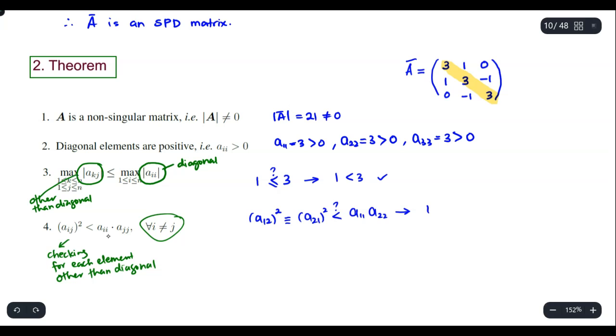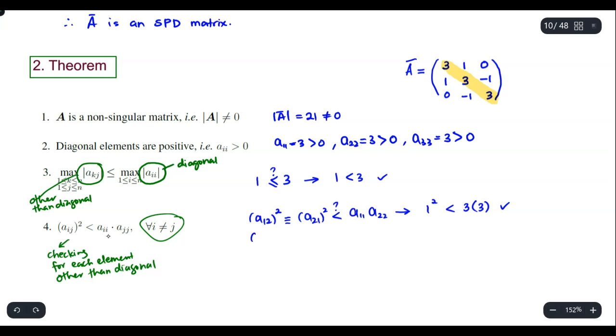A12 is 1, squared, and is it less than A11, which is 3, times A22, which is also 3? We satisfy that.